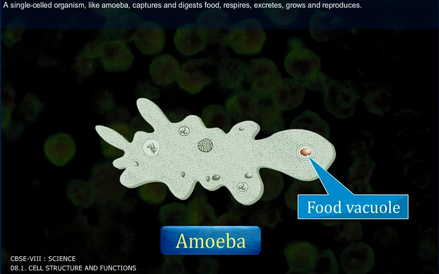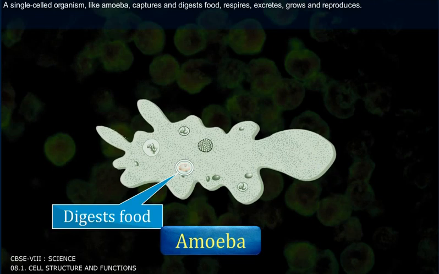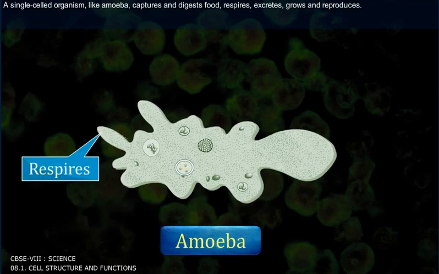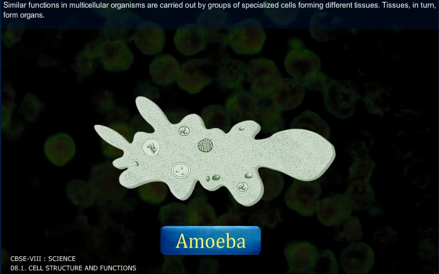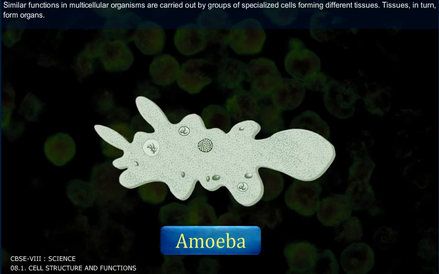A single-celled organism like amoeba captures and digests food, respires, excretes, grows, and reproduces. Similar functions in multicellular organisms are carried out by groups of specialized cells forming different tissues. Tissues in turn form organs.